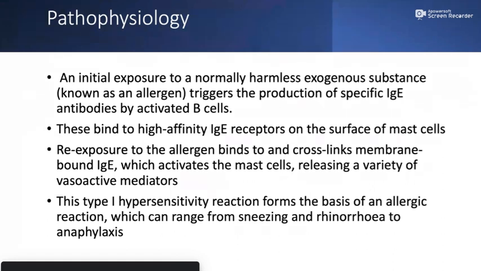Pathophysiology of allergy. The initial exposure to a normally harmless exogenous substances known as an allergen triggers the production of specific IgE antibodies by activated B cell. راح يجينا allergen من الانفايرمنت اللي هو المفروض يكون harmless.